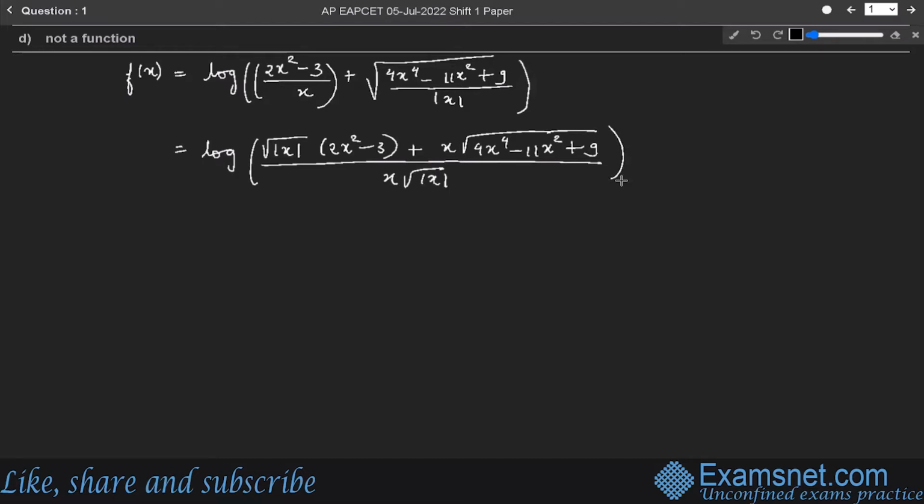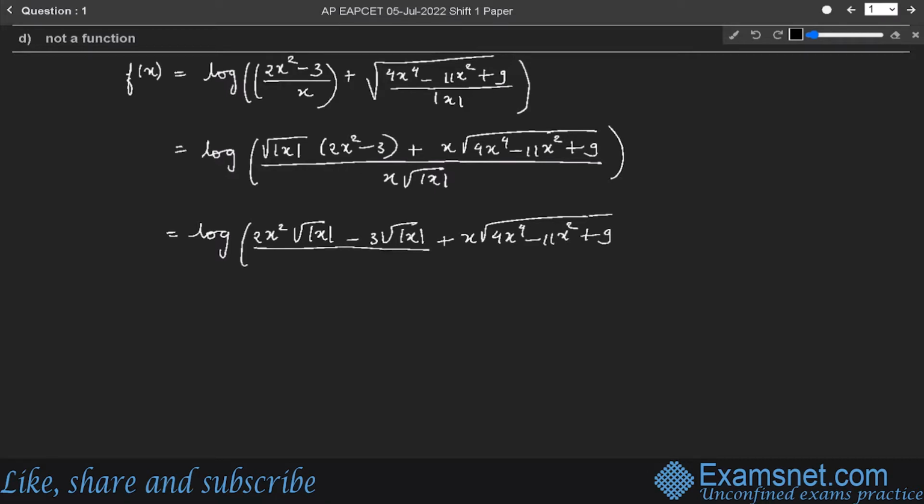On further solving, it will be log of 2x square into under root of modulus of x minus 3 into under root of modulus of x plus x into under root of 4x power 4 minus 11x square plus 9, whole divided by x into modulus of under root x.